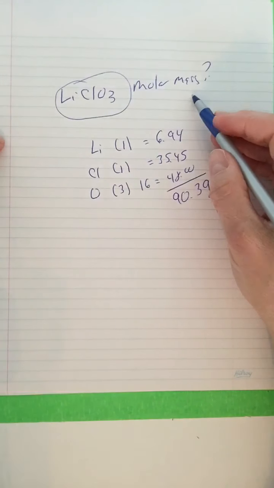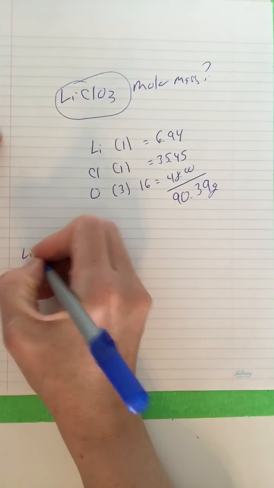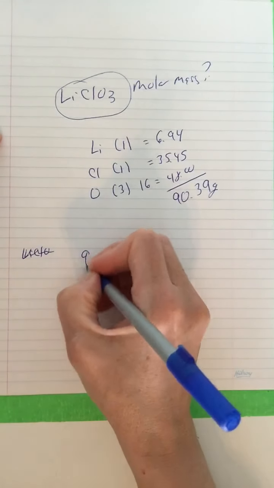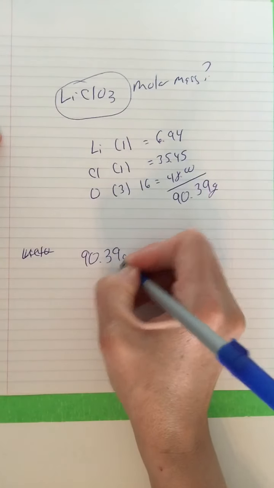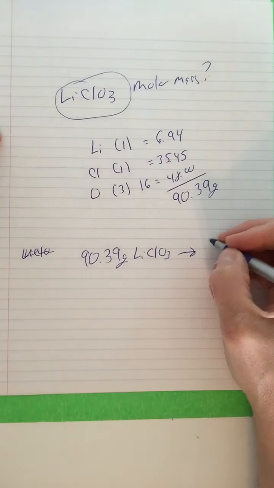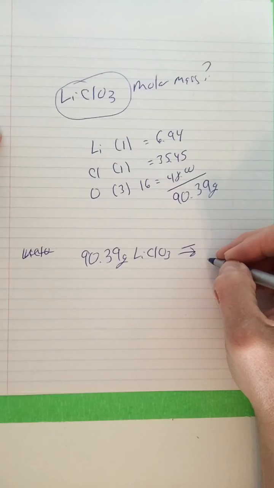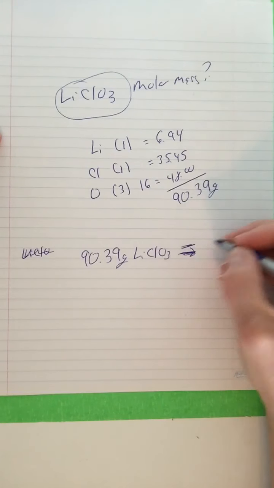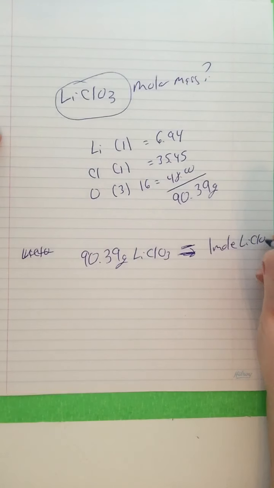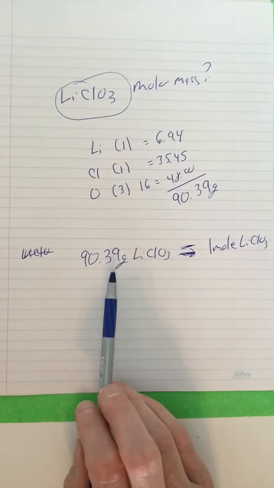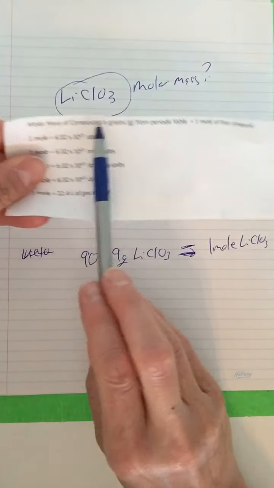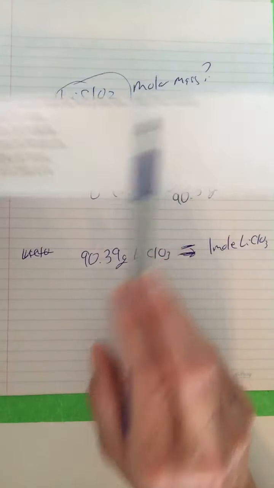Once you know the molar mass, you're allowed to say this. I'll start like this. 90.39 grams of LiClO3, lithium chlorate, is equal to, sorry, I didn't mean to do an arrow, equal to 1 mole of lithium chlorate. Okay? This is this first conversion factor. You've done it 100 times before.